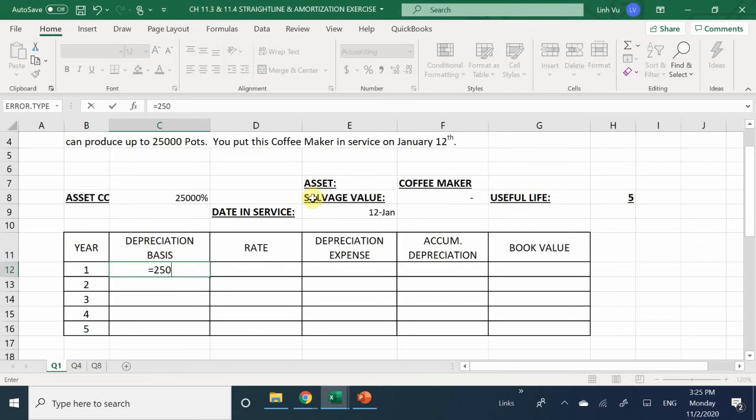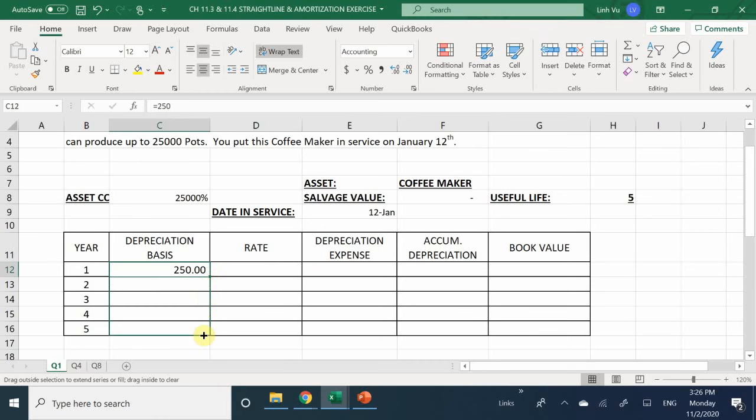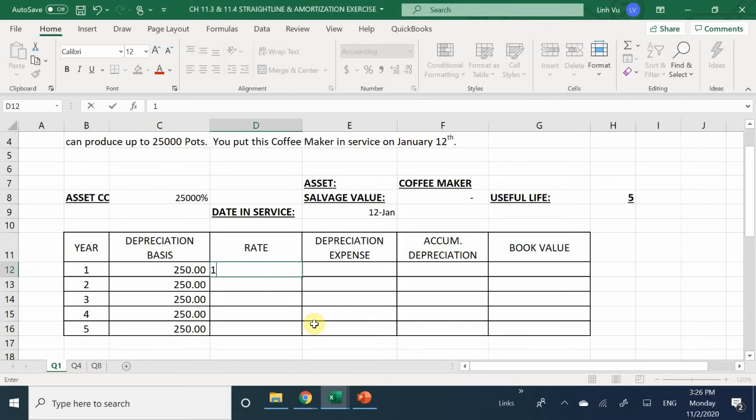Okay, so what do we know about solving for all 1? It's going to be the same all the way down. So the depreciation basis is going to be $250 all the way down. What about the rate? The rate is going to be 20%. Yes, it's going to be 1/5, which is 20%.